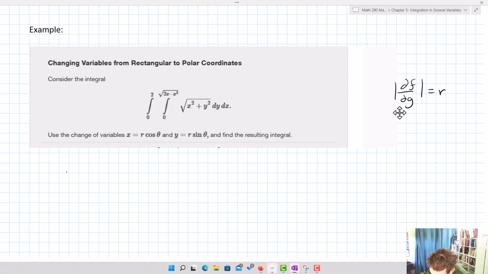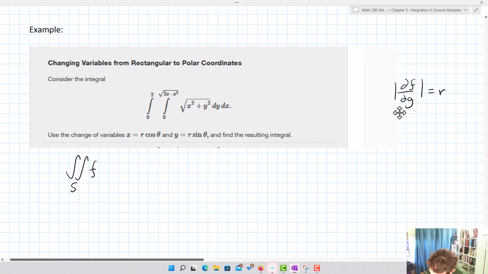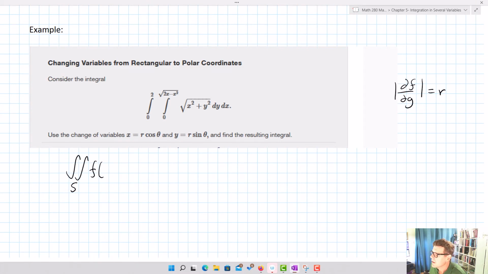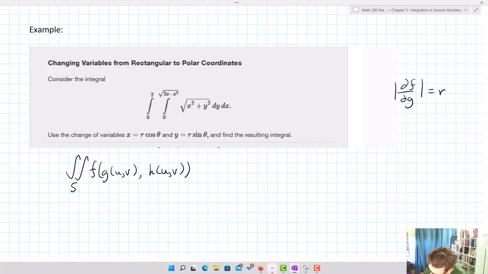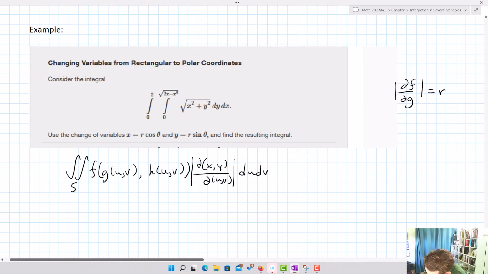So we know we need to find the double integral over the region S of f of g of uv, comma, h of uv, and then the Jacobian del xy over del uv, du dv. U in this case is r, we'll let v equal theta.